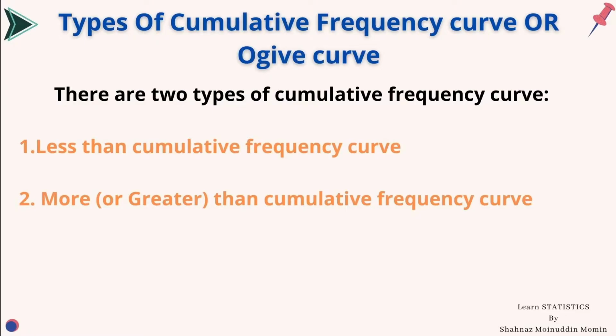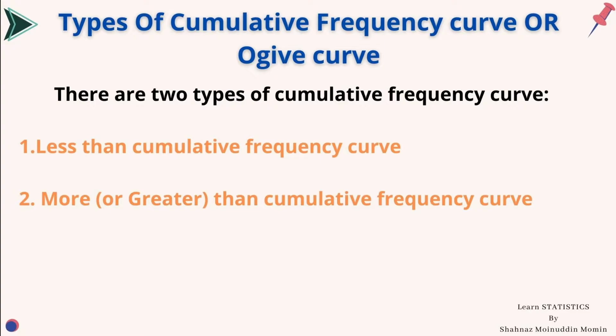We know that there are two types of cumulative frequencies: less than cumulative frequency and greater than or more than cumulative frequency. Depending upon these two types of cumulative frequencies, there are two types of cumulative frequency curves.